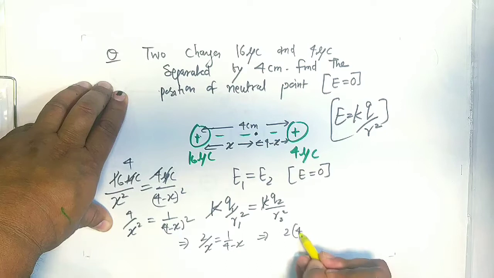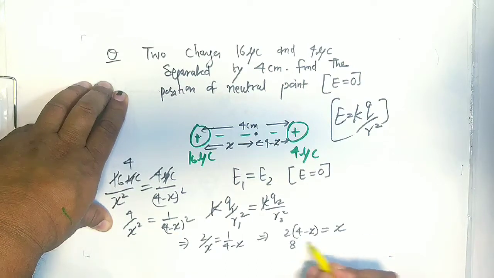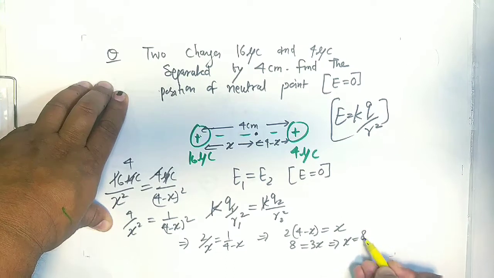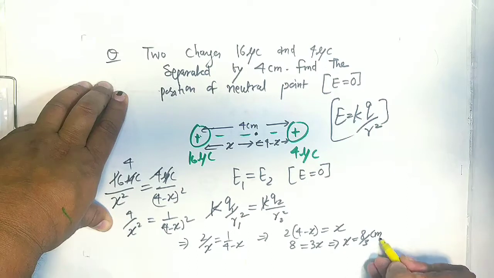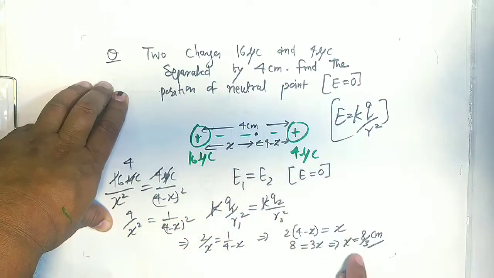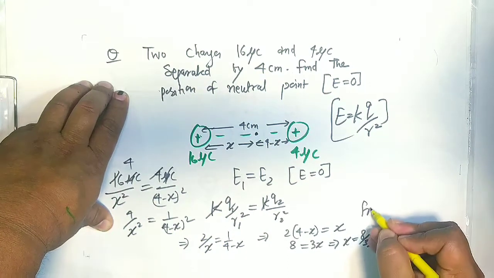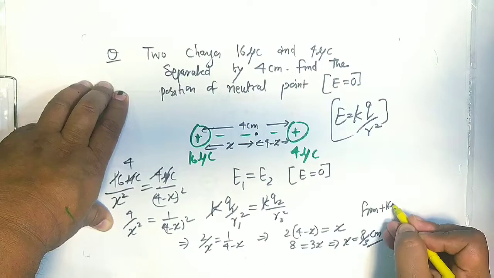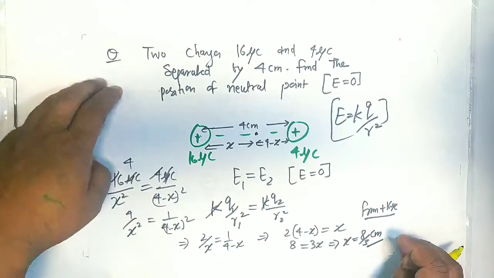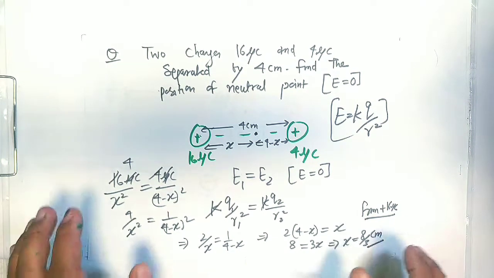It becomes 2 times 4 minus x equal to x. So it is 8 equal to 3x, x equal to 8 by 3 centimeter. So the electric field is 0 at 8 by 3 centimeter from the plus 16 microcoulomb charge. This way we can follow the superposition in electric field intensity.